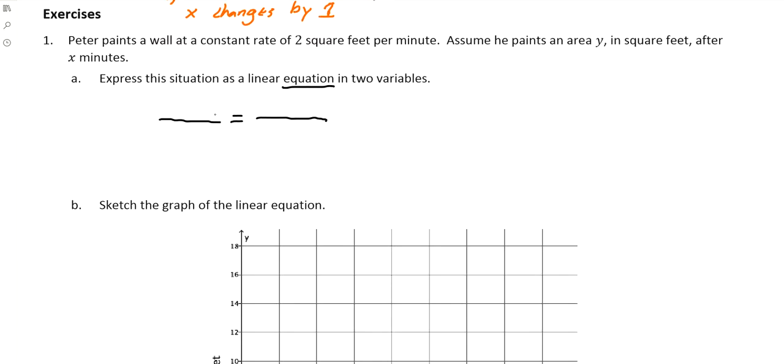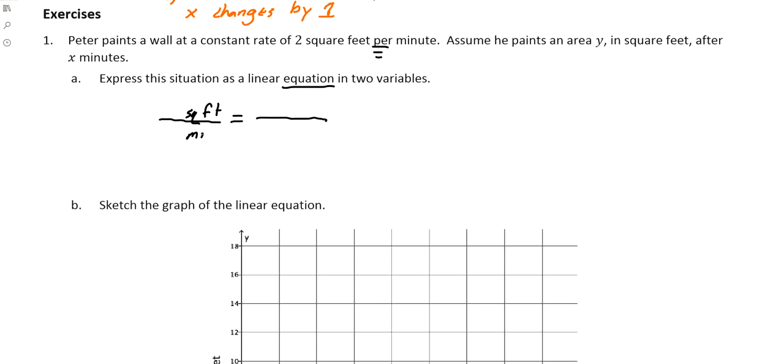And the reason I put a fraction bar here is because we have the word per. So per minute means that whenever I have a relationship like this, a proportional relationship, as one thing changes, the other thing changes. So on top we're going to have square feet.